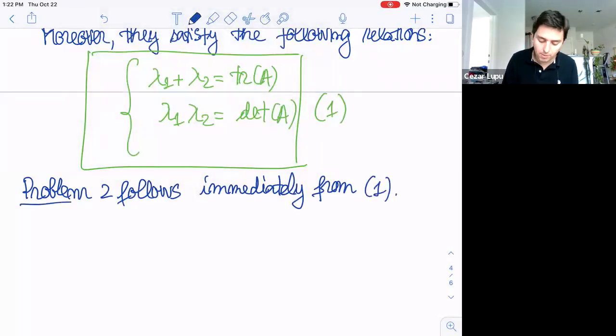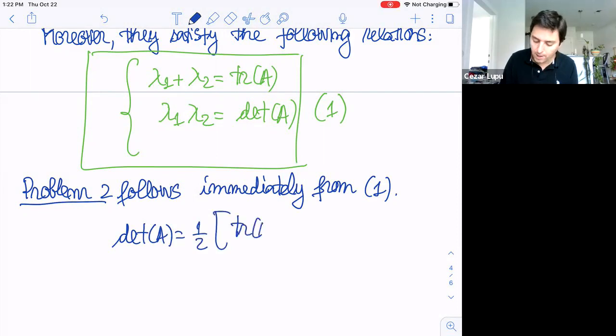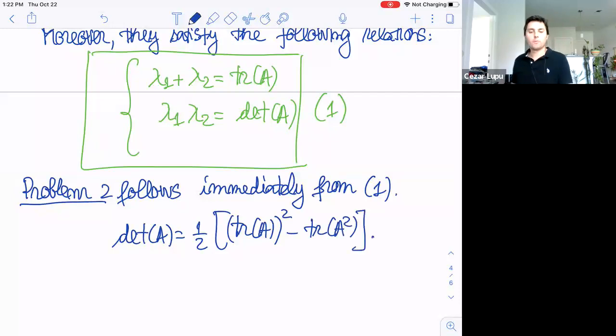Let me remind you that problem 2 stated that the determinant of A is 1/2 times the trace of A, everything squared, minus trace of A squared. Well, how does it follow?